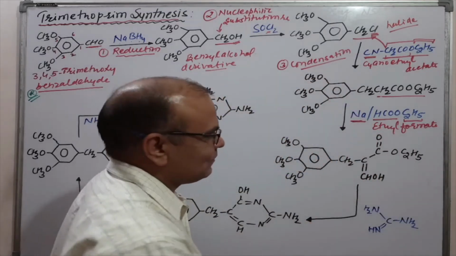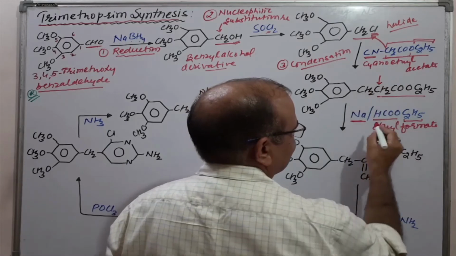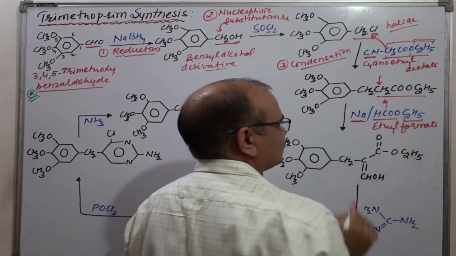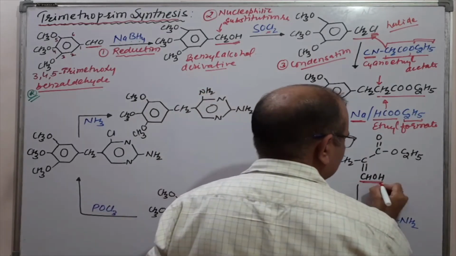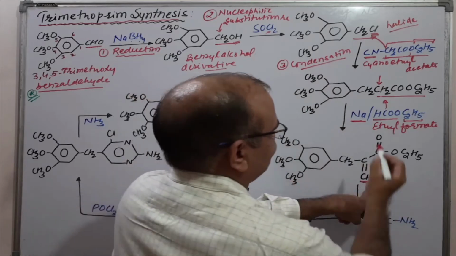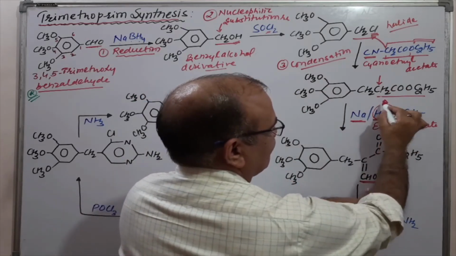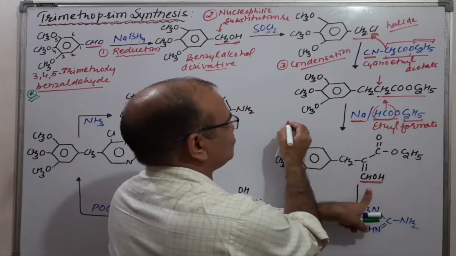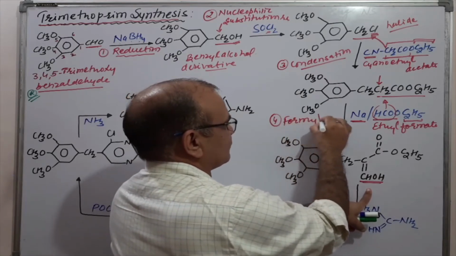Here, this second carbon is attached to this formyl moiety, CHO. This carbon is attached by means of this ring, and the methoxy group will be removed, and this step is known as reaction number 4, that is formylation.